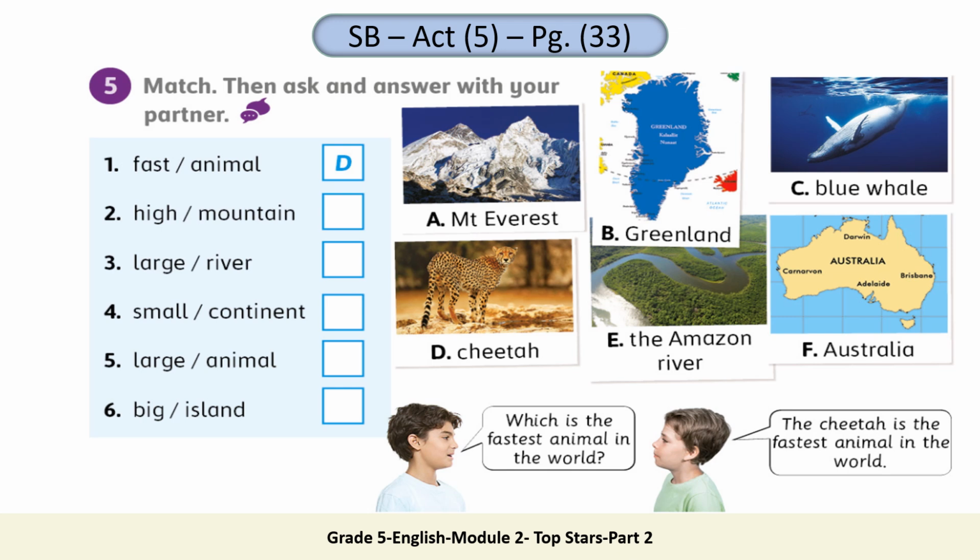The answer is D, cheetah. Let's do one more example together. High and mountain. Which is the highest mountain in the world? Yes, A, Mount Everest. Now, I want you to stop the video and answer the activity.